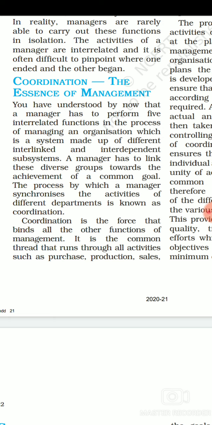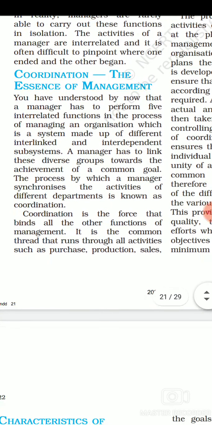So these are the 5 functions of management, which are called interrelated functions in the process of managing any organization. Now when we talk about coordination, coordination is not called a function of management, but it is called the essence of management. Why the essence of management?